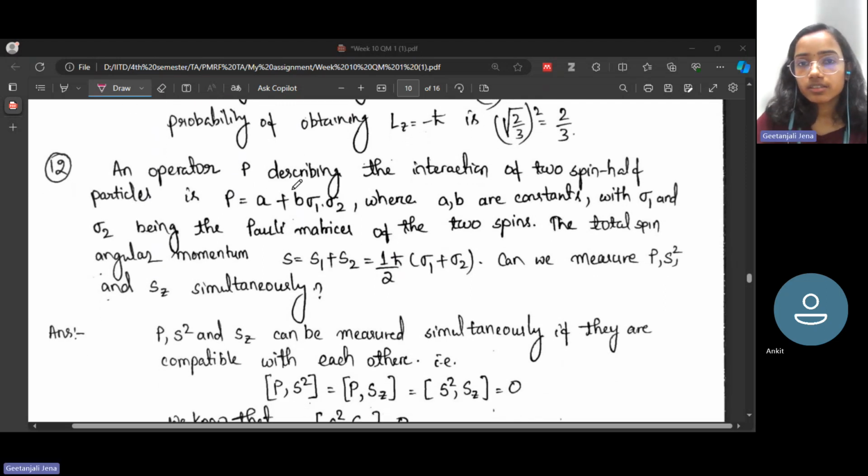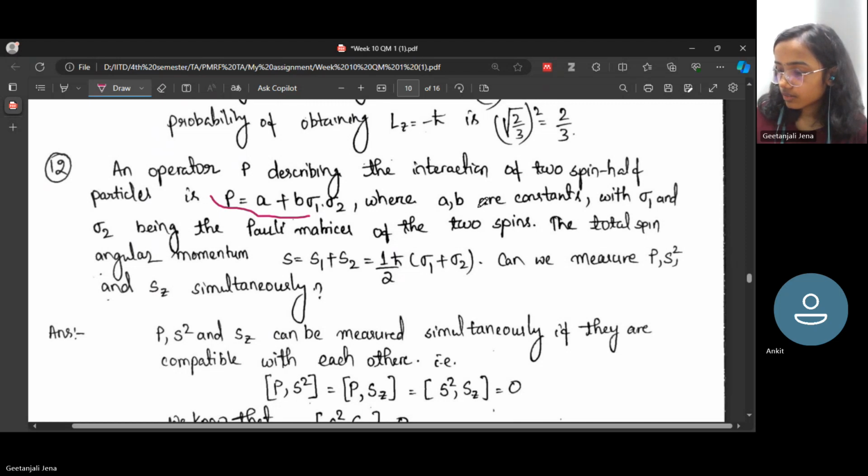An operator P describing the interaction of two spin-half particles is P equal to A plus B sigma 1 dot sigma 2, where A, B are constants, and sigma 1 and sigma 2 are the Pauli matrices of the two spins.